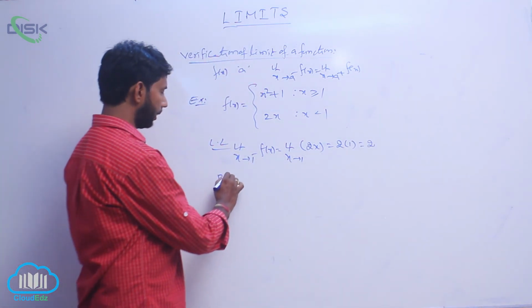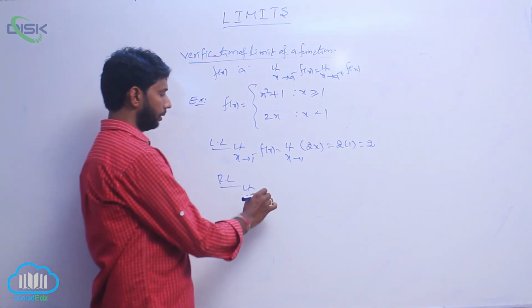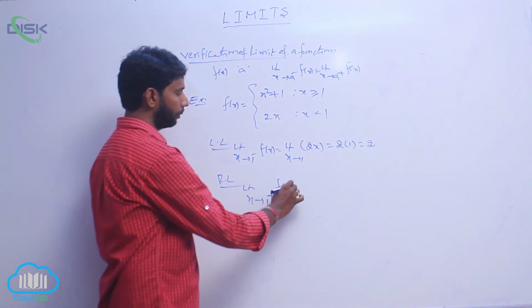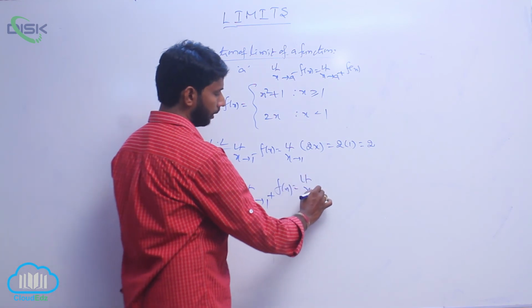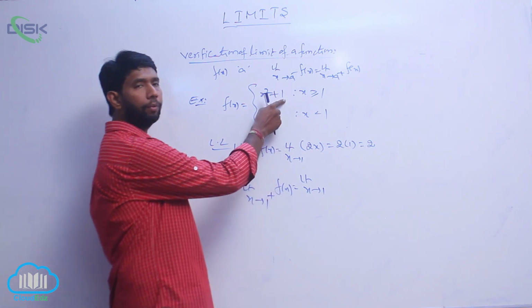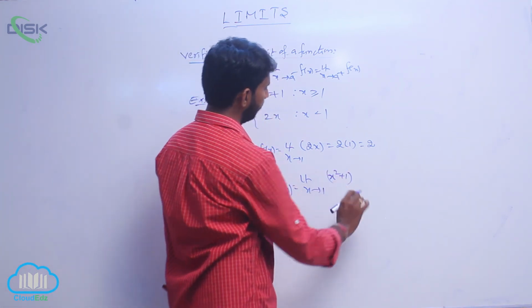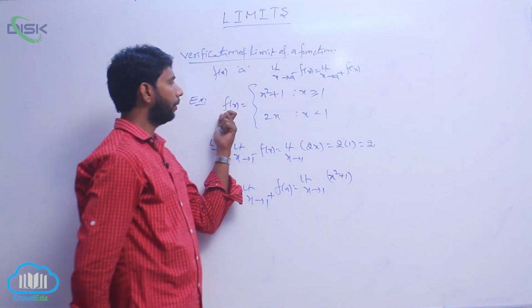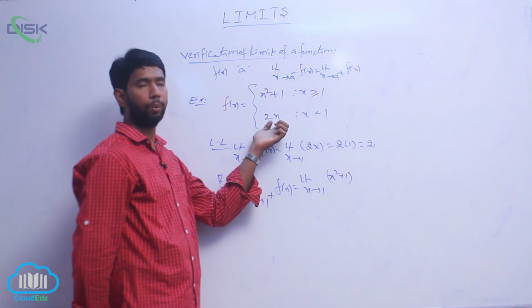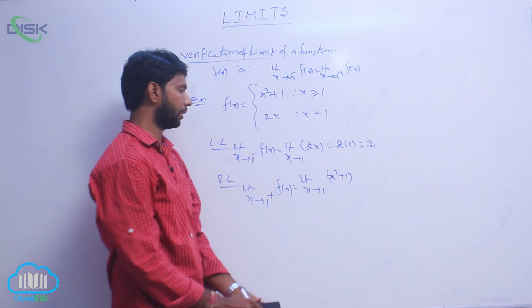And next go to the right limit. The limit as x tends to 1 plus of f of x; 1 plus means greater than 1. When x is greater than 1, the function is defined as f of x equal to x square plus 1.